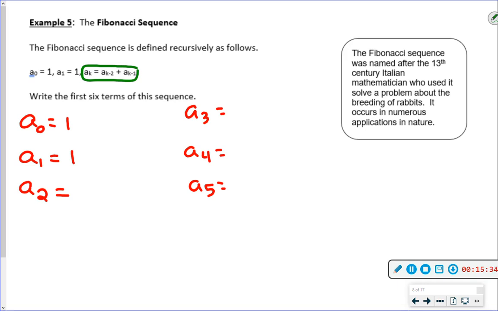Well, in our case, 2 terms back, it's going to be the 1 plus the last term. To get this one, 2 terms back, 1 plus the previous term. To get the next one, 2 terms back, so 2 plus 3 plus the previous.